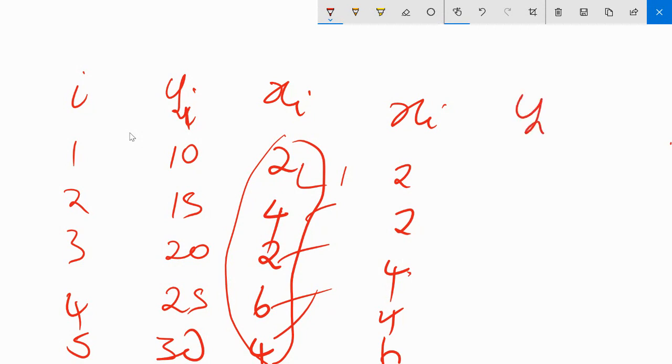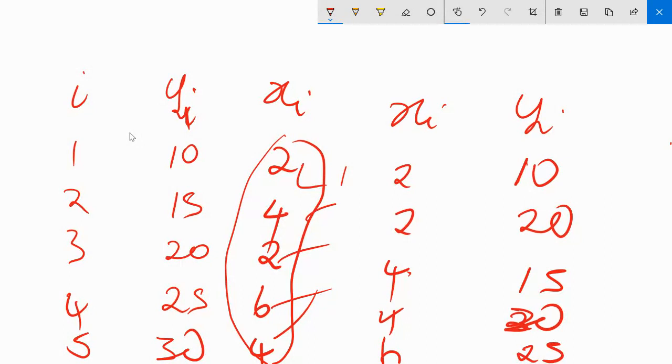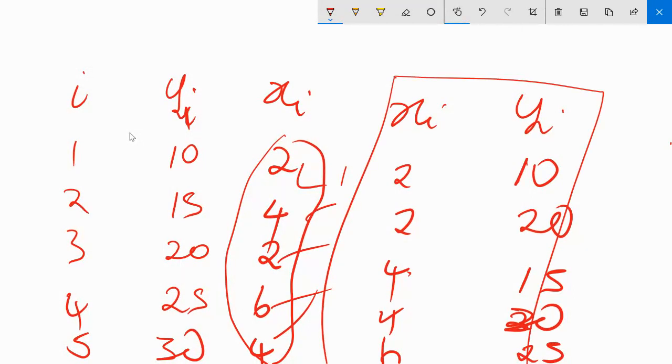And the first value for x equal to 2 is 10. Then we have 20, we have 15, we have 20, no, we have 80 and 25. So this is how our data set looks when we write the values of x in order from the smallest to the largest. So you can see that now we have these replicates, or replications, there.